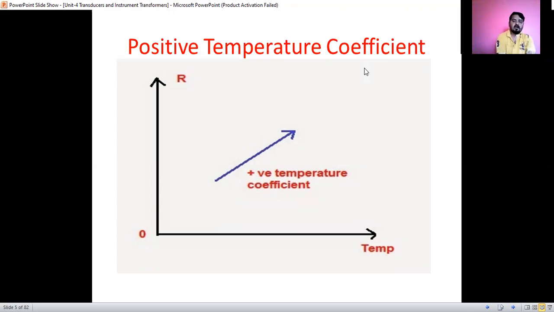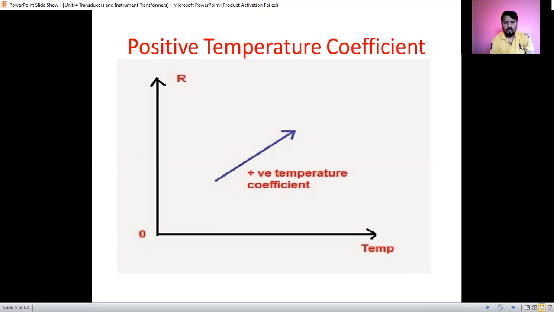From seeing this graph, what are you understanding? For the positive temperature coefficient, the x-axis is temperature and the y-axis is resistance in ohm.